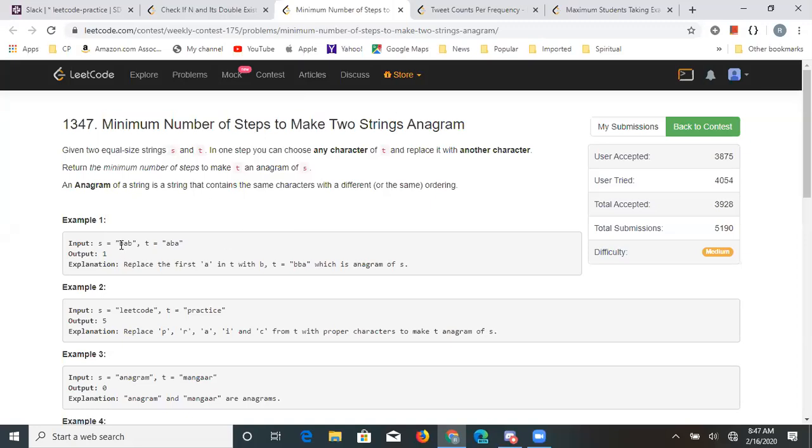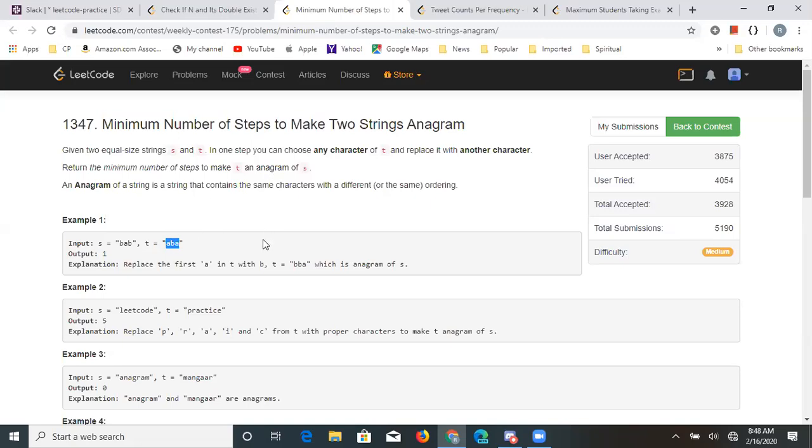For example, in this example, BAB is one string, another is ABA. Suppose instead of ABA, it was BBA, then I could change the order of the characters in T to make it S. So we can say in that particular case, S and T are anagrams.